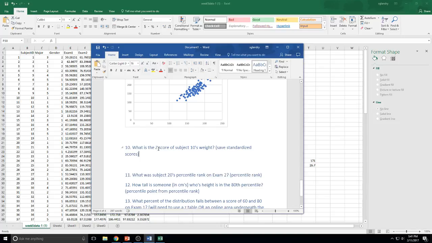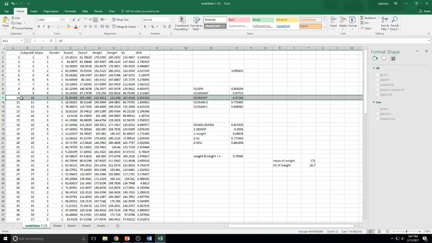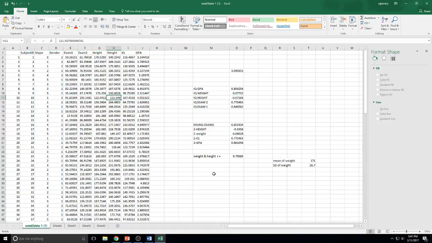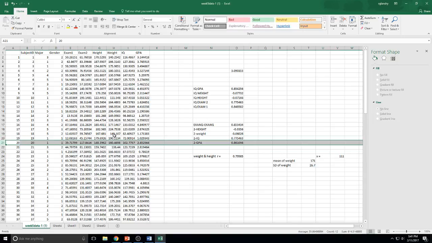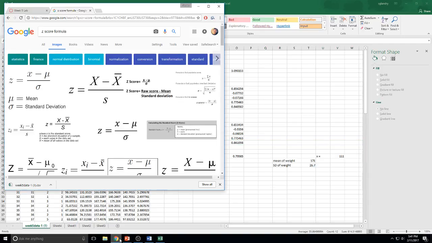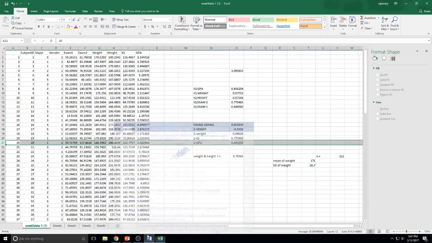What's the z-score of subject 10's weight? Subject 10, this guy, subject 10's weight was 111. So our x equals 111. Dang it, where was he? Subject 10's weight.